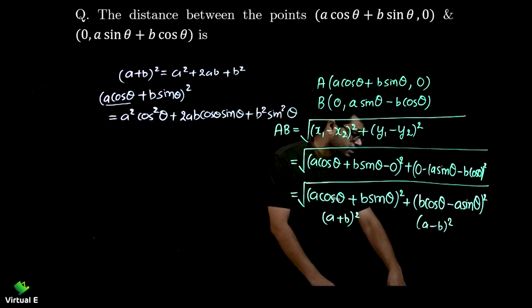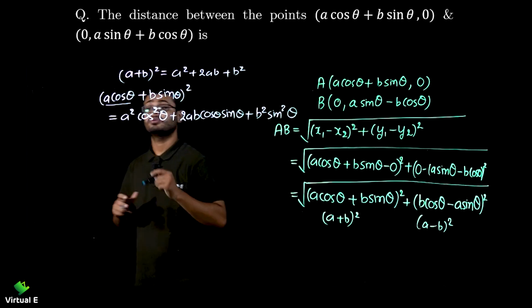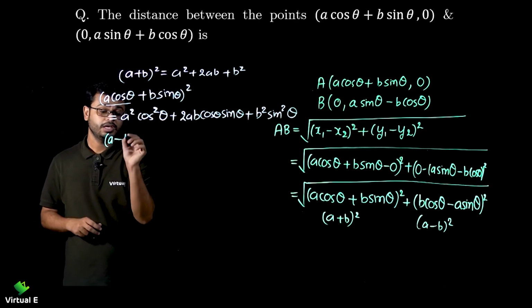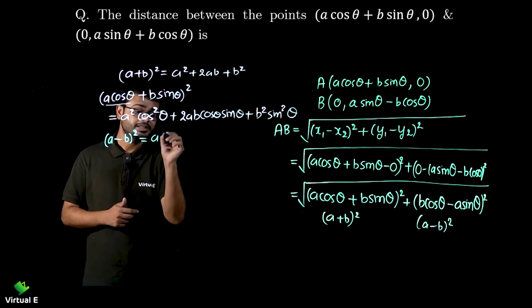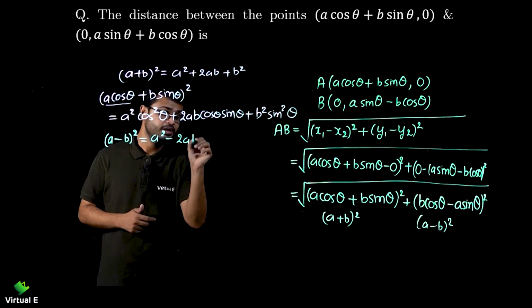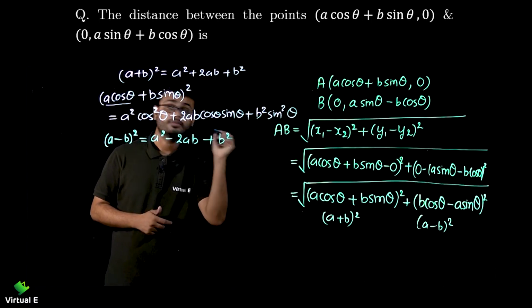Let's do the second term, (a minus b) whole square, which is a square minus 2ab plus b square.